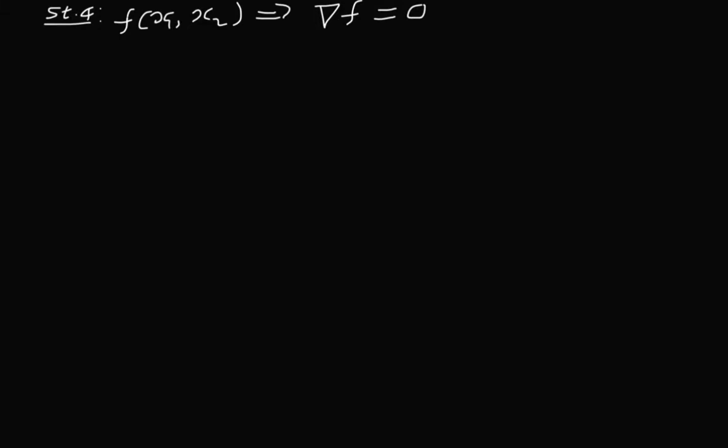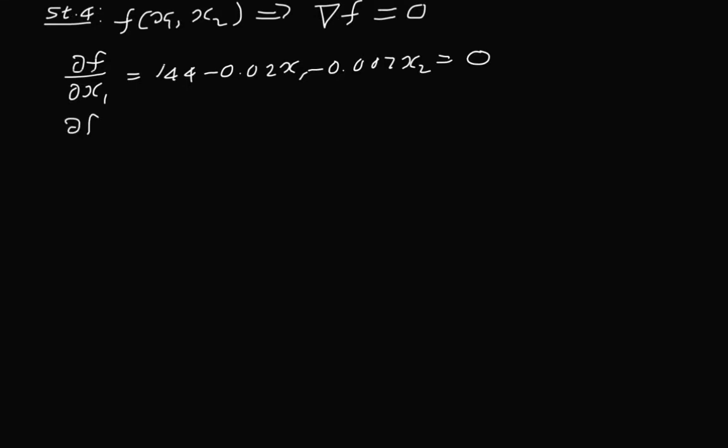Please check your equation under step 3. We have f(x1, x2). So I will take the partial derivative with respect to x1. You will get 144 minus 0.02 x1 minus 0.007 x2 equal to 0.